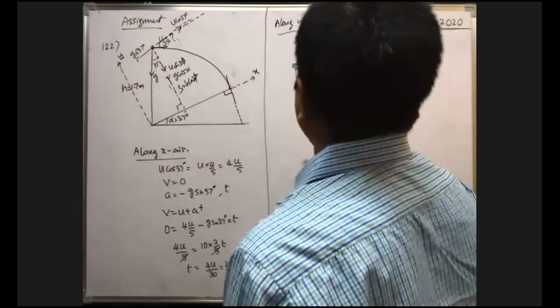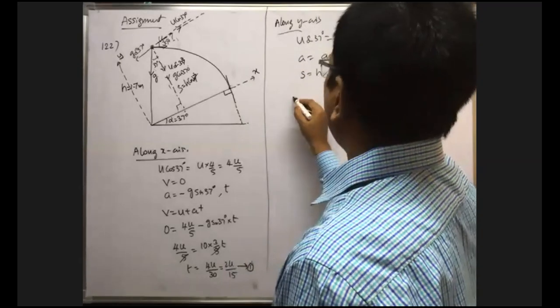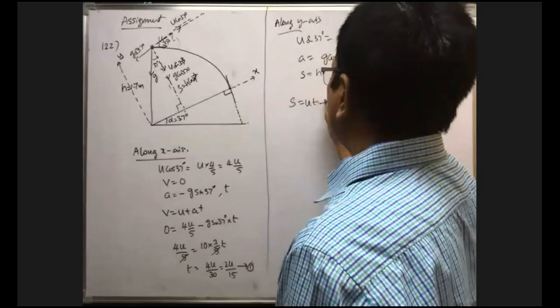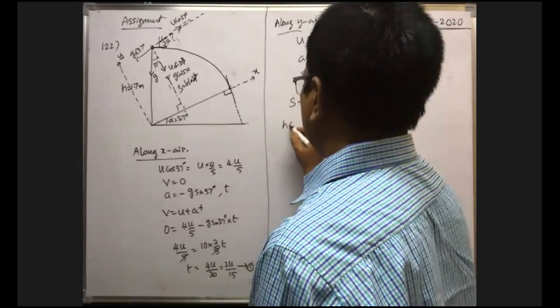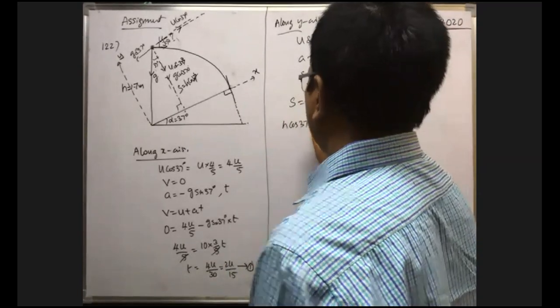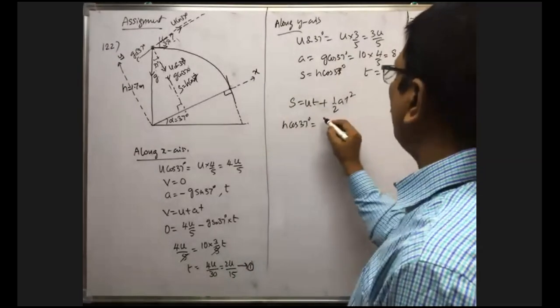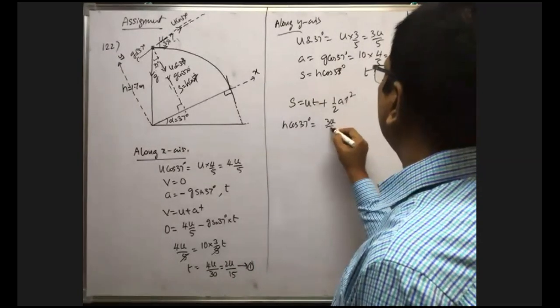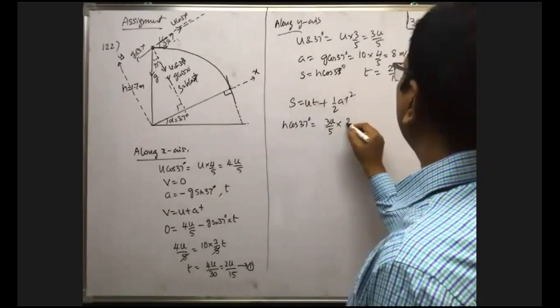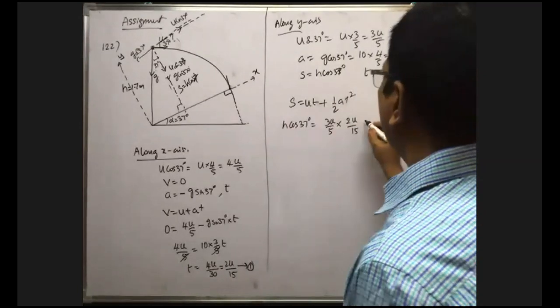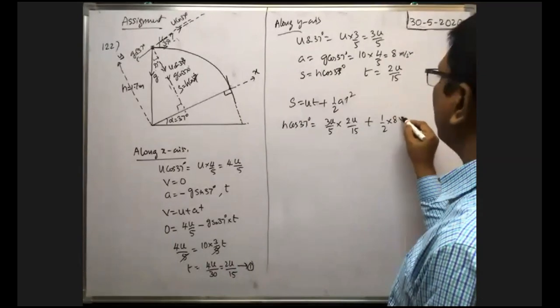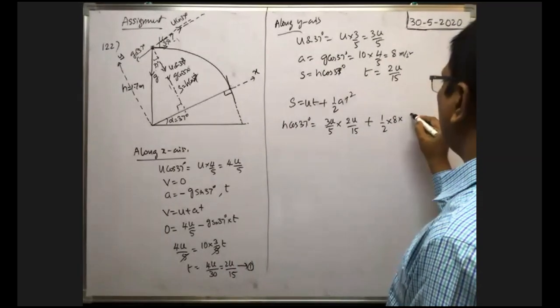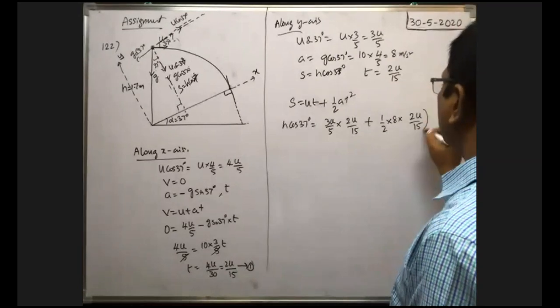Okay, now we substitute the data. What is the relation among them? From s is equal to ut plus half at square. S means h cos 37 is equal to u, 3u by 5, into t, which means 2u by 15, plus half a, which means 8, into t square, which means 2u by 15 whole square.